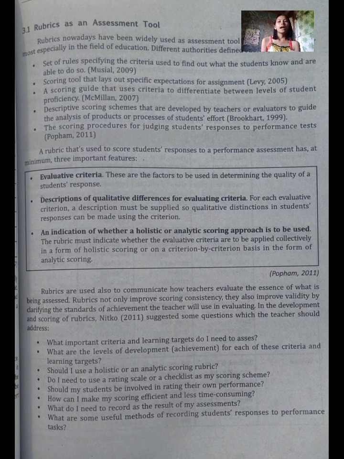And lastly, an indication of whether a holistic or analytic scoring approach is to be used. The rubric must indicate whether the evaluative criteria are to be applied collectively in the form of holistic scoring or on a criterion-by-criterion basis in the form of analytic scoring.